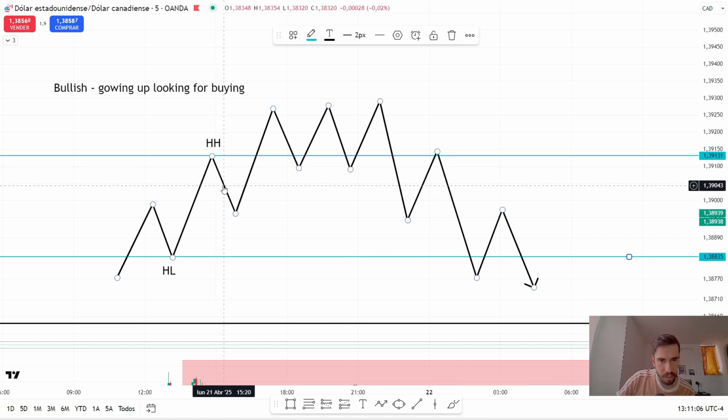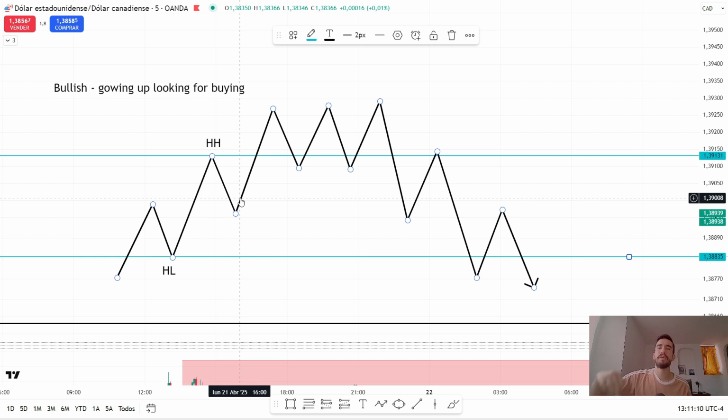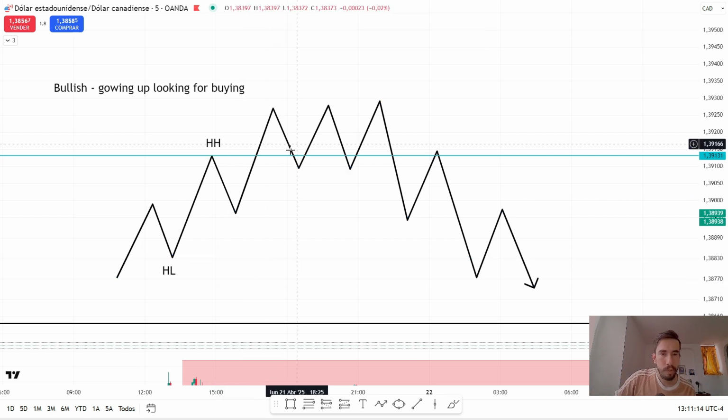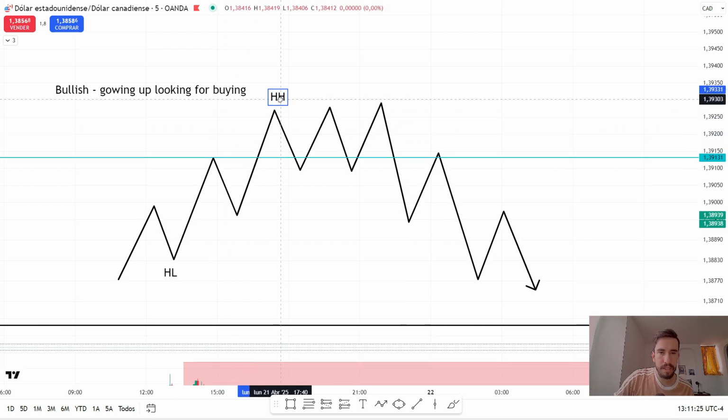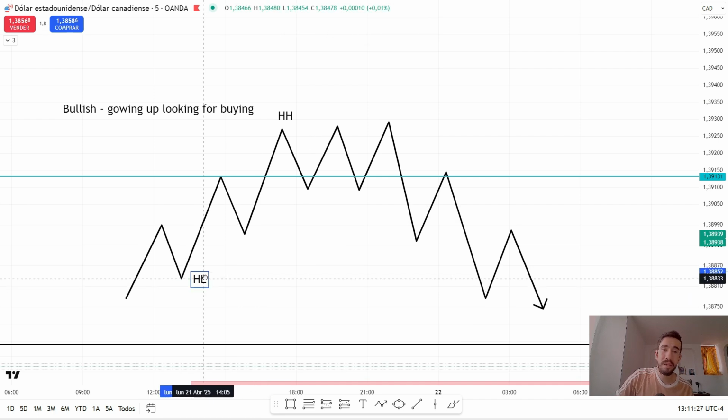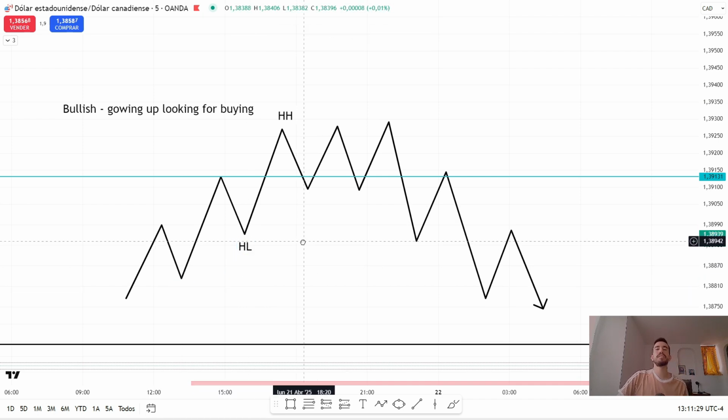The market continues being bullish. Once it breaks at this point, we wait for the price to reach the highest point again, and when it's coming back, we identify this as the new higher high, and the previous lower becomes the higher low.